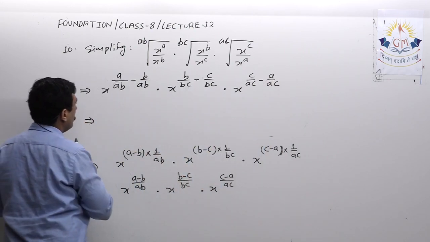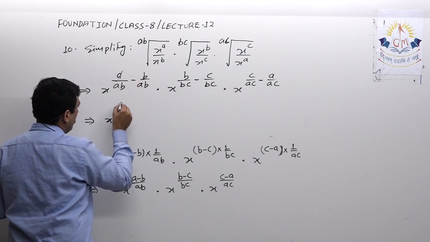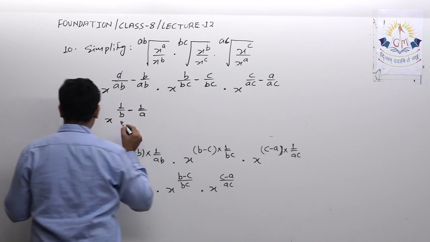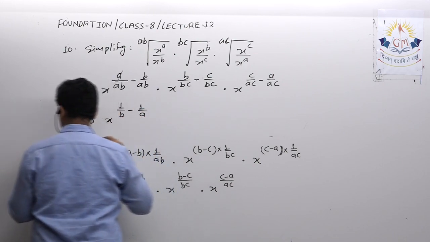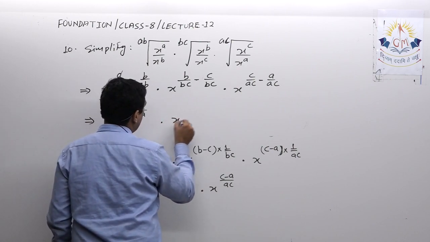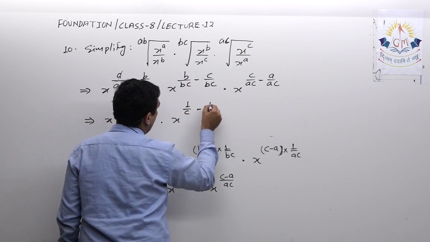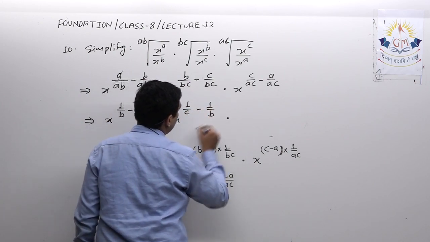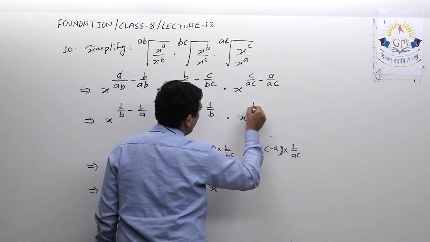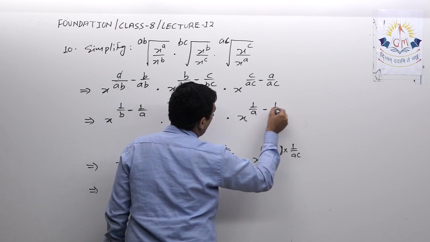Okay, on further simplifying, here I can cancel A and A, so I get x raised to 1 upon B minus 1 upon A into x raised to, B and B I can cancel, so 1 upon C minus 1 upon B. And similarly here I can cancel C and C, so x raised to 1 upon A minus 1 upon C.